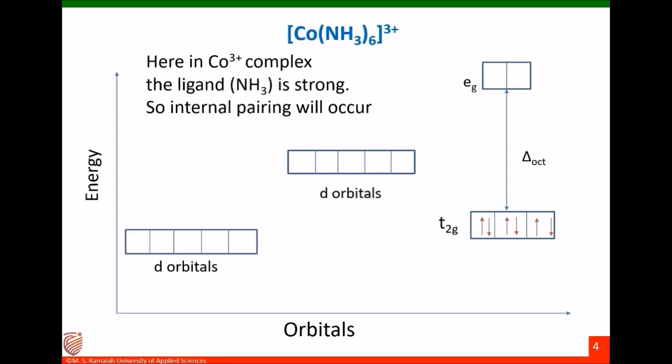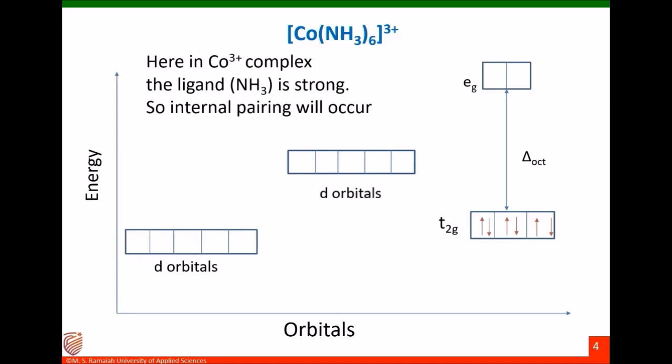Now you can see the incoming ligand is ammonia, which is strong, so the electrons are filled based on the internal pairing. Internal pairing means the entire t2g should be filled first, then only the electrons will go to the eg orbitals. So here it is a d6 configuration, so 6 electrons.